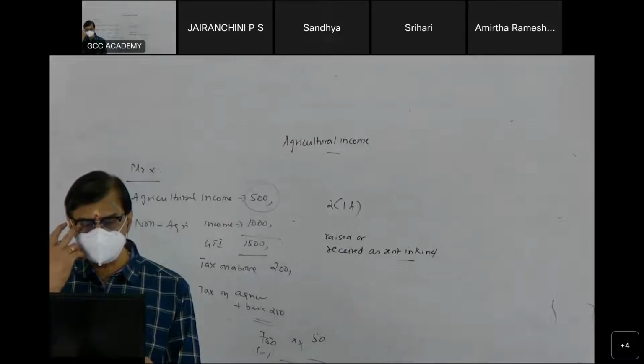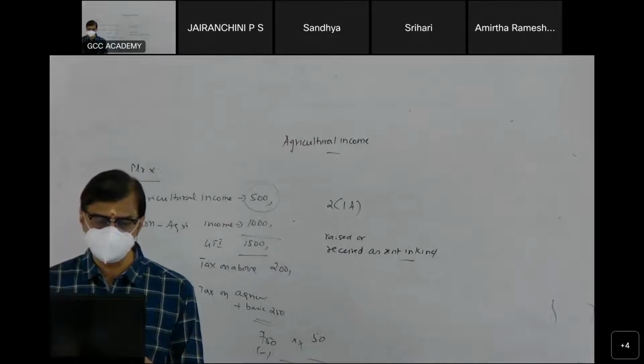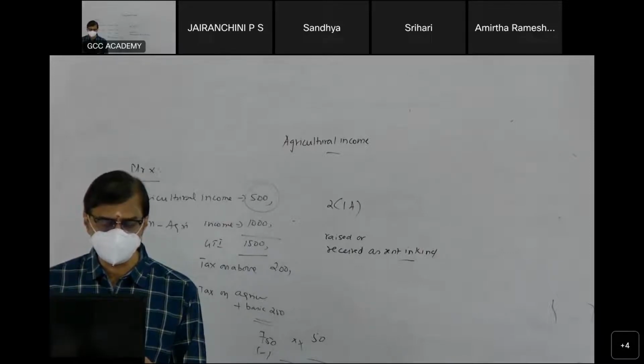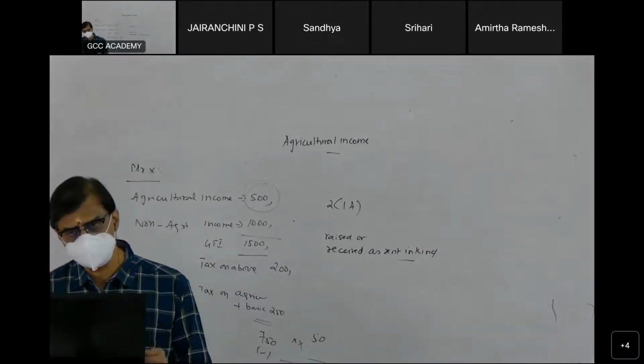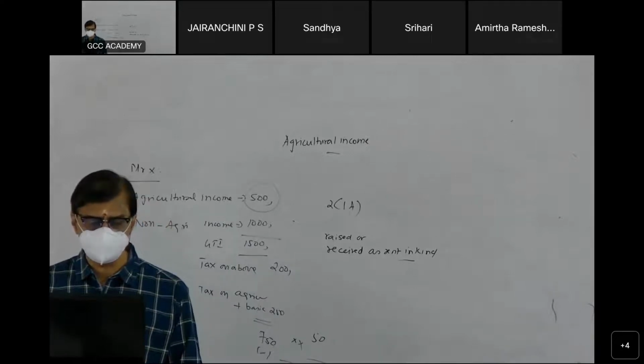So underline the word deemed. The law has taken a position after the court decision that such income is also deemed to be agricultural income. So it is exempt from tax.